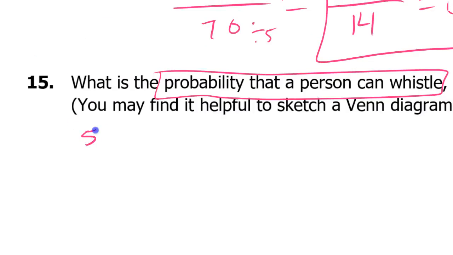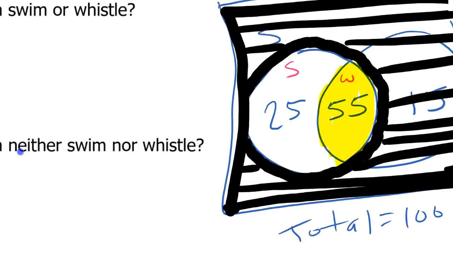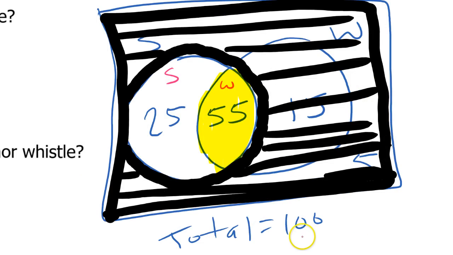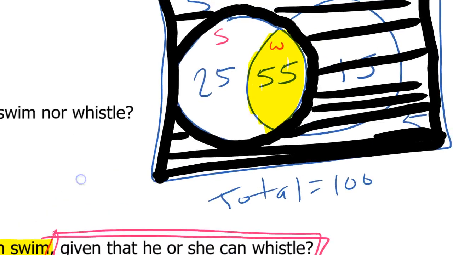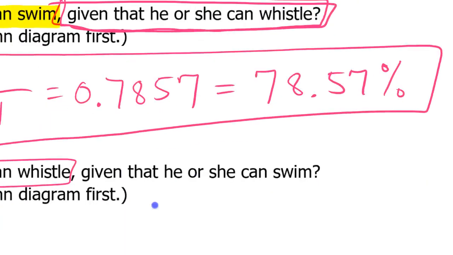That's 55 over a total of 80. Notice one more time that the total is not 100 because the universe shrank down to just this circle of swimmers, just the 25 and the 55, only the 80. So we do 55 over 80, not 55 out of 100.